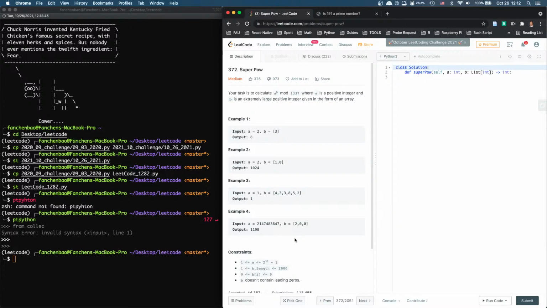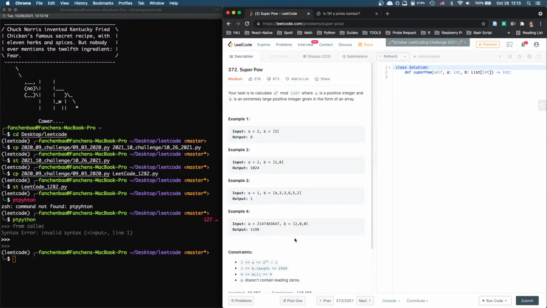Is there any property of modding? Like, if A mod 1337... Let me just pick another value. Let's say mod 2, right? 3 mod 2 is 1, and 3 to any power mod 2 is 1.